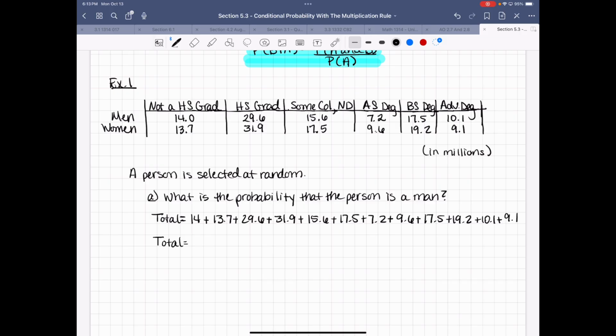And so we need to add up the total number of men that there were, right? So somebody add up the total number of men for me while we're doing that. And we just go across the row. We've got 14 plus 29.6 plus 15.6 plus 7.2 plus 17.5 plus 10.1.